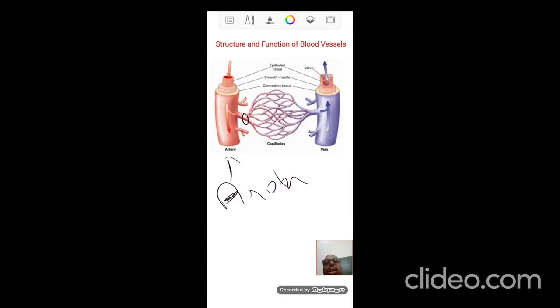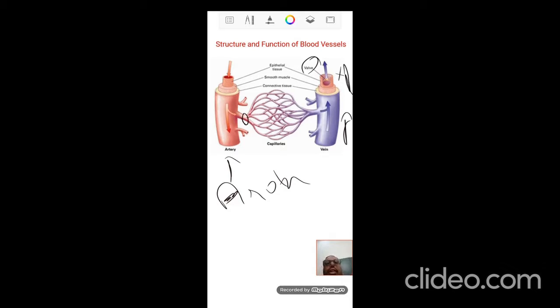A valve is something like a flap. Why do veins have these valve-like flap structures? Because backflow of the blood is not allowed. Once the blood has started to move in this direction, it is not allowed to come back again to the former direction.